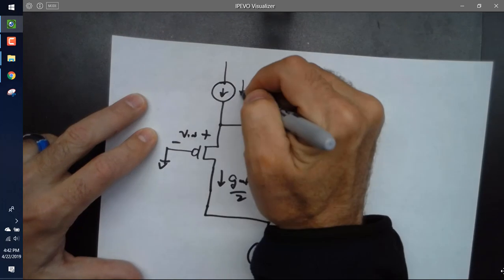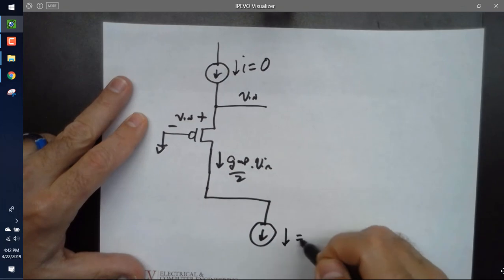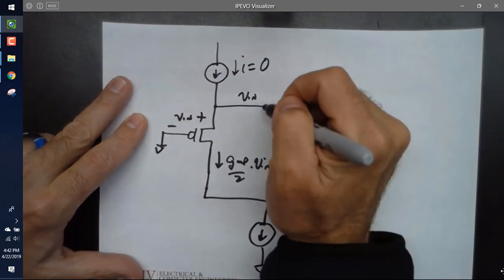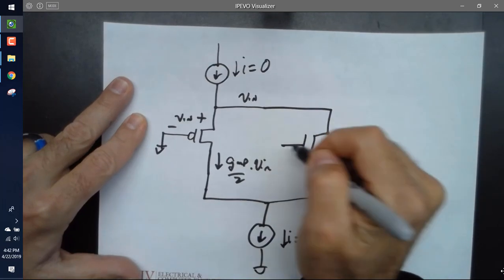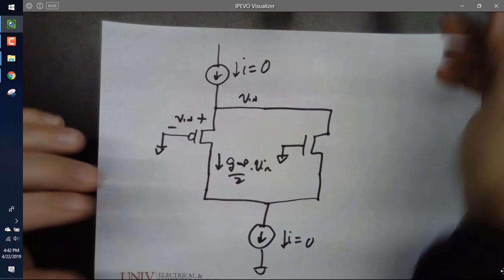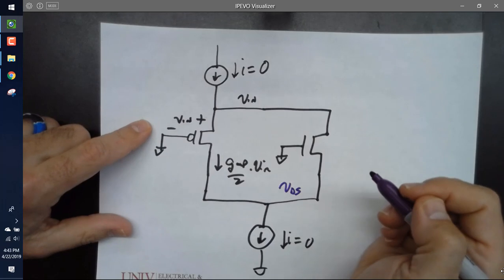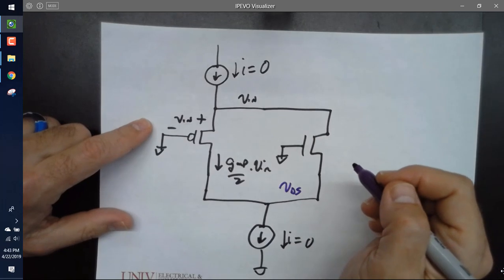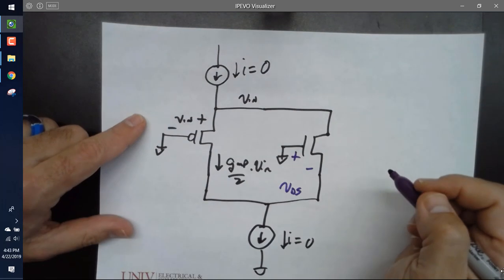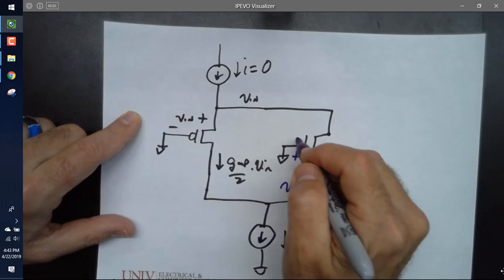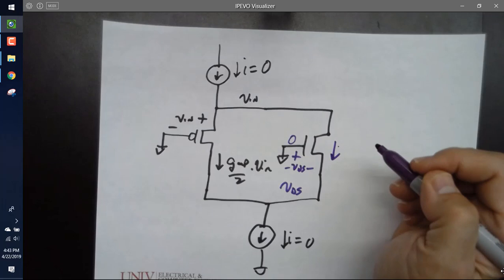How much AC current flows in this? How much AC current flows in this? 0. So then I come over here and I write, and then we put here V sub ds. All right, and then I ask, what is this voltage? Yes. And what's this current then?